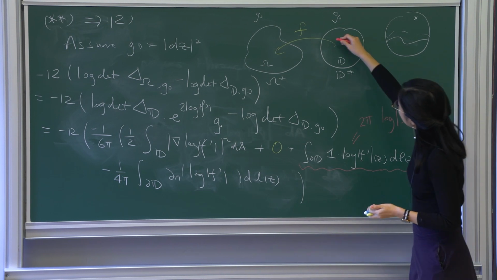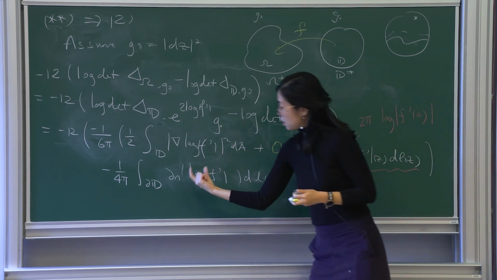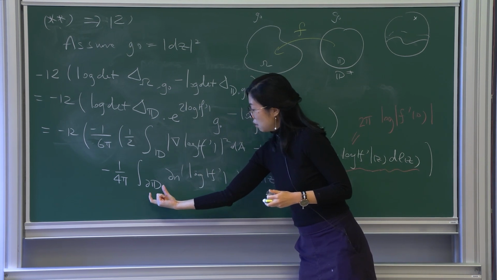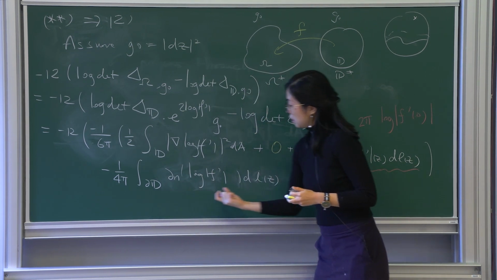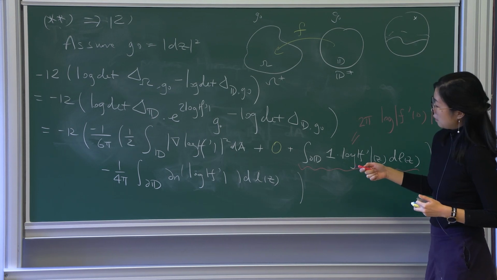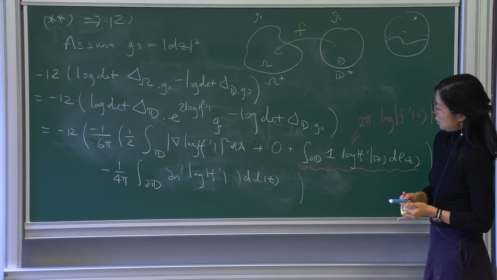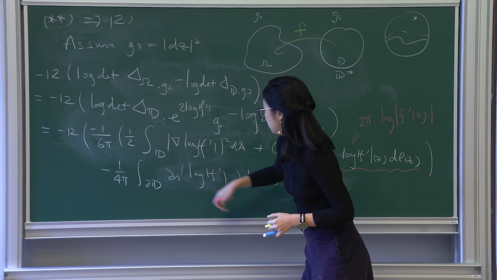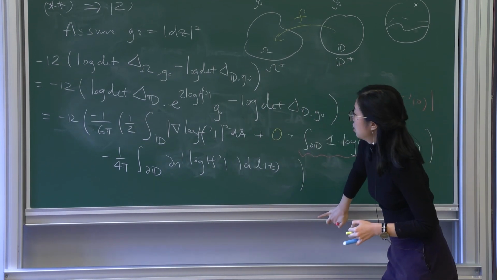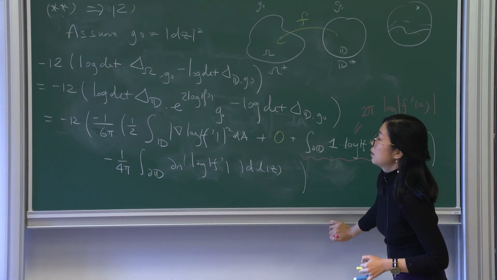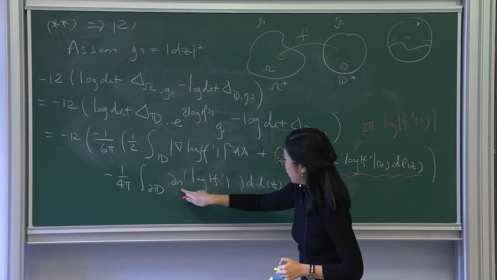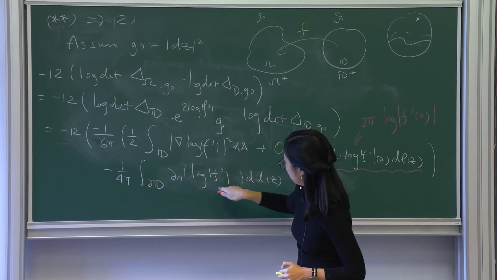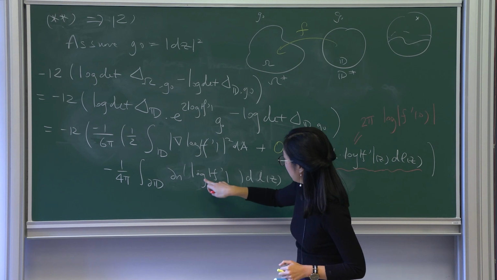And the normal derivative at each point, if I'm allowed to switch this normal derivative with the integral, this will be the integral of, okay, am I allowed this? So if I just do without the normal derivative, I would just get a log of f prime.